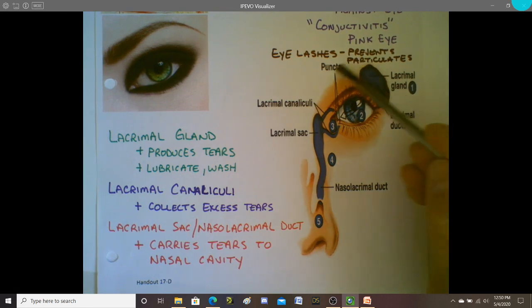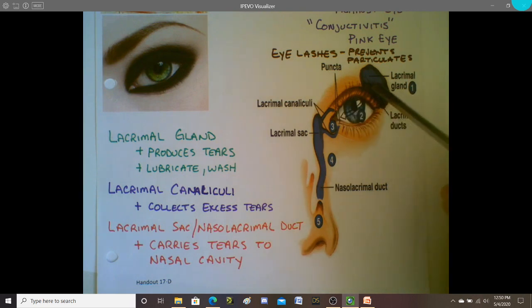So this structure is showing us our lacrimal apparatus, our tear apparatus. Our tear glands, our lacrimal glands, are located on the outside portion, the lateral portion of our eye. What they do is they produce tears that then flow from lateral to medial.